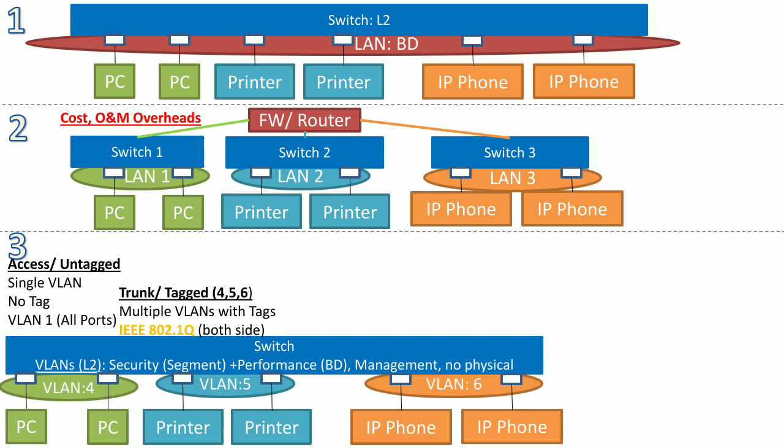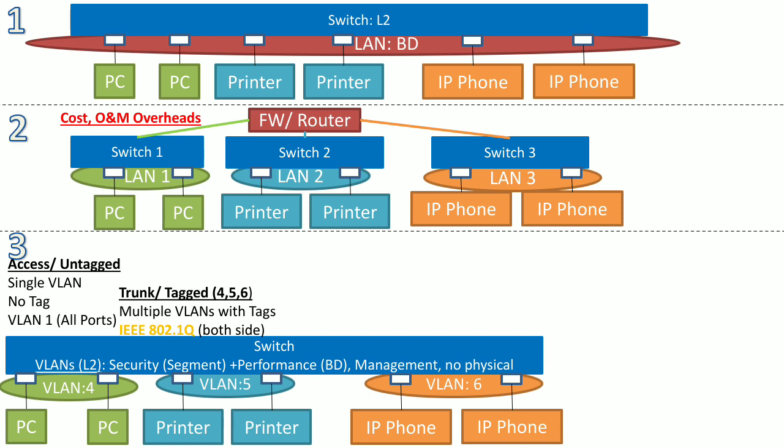Once it is configured as an access port, we associate it with only a single specific VLAN, and there is no tag associated with the frame coming out of or going to this port. And once we configure our port as a trunk port, every frame going to this trunk port will have a tag associated with it, since there are multiple VLANs configured on a single trunk port.